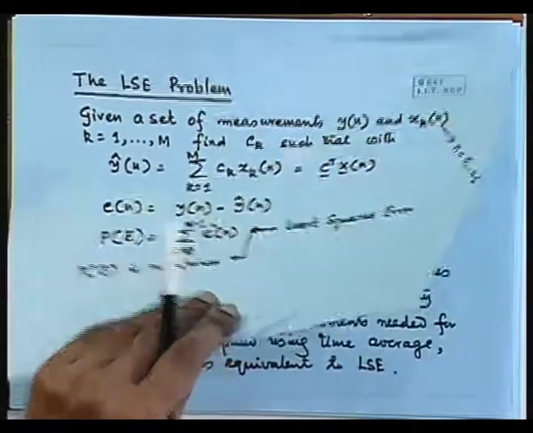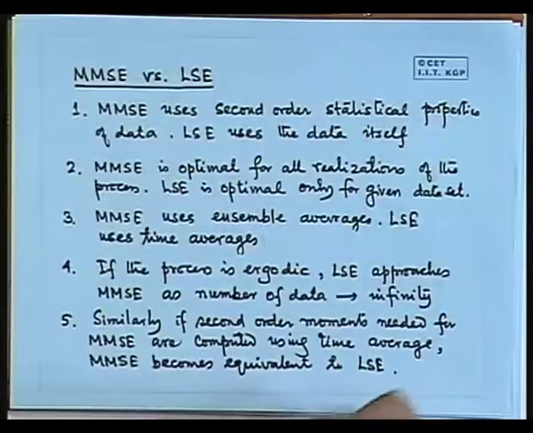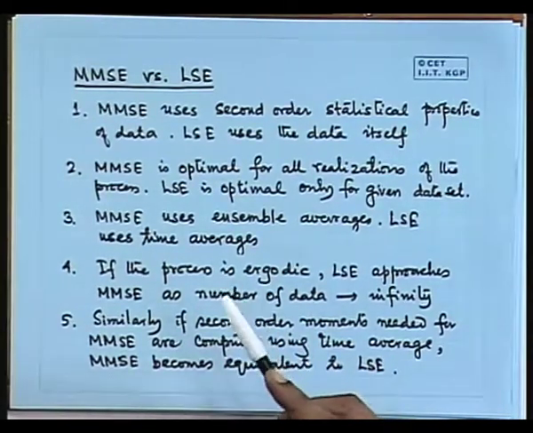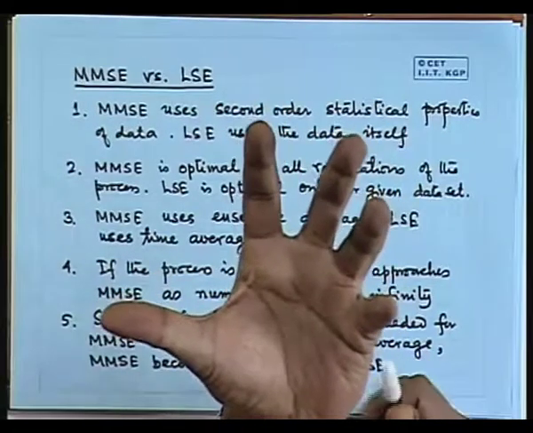Actually, they are absolutely similar. So now let us compare the minimum mean square error problem with the least square error problem. Firstly, we note that whenever we write expectation of e square n, we are not talking only about this particular data. We are computing the expectation over all possible realizations of yn and xn, because we are weighting it using the probability density function.